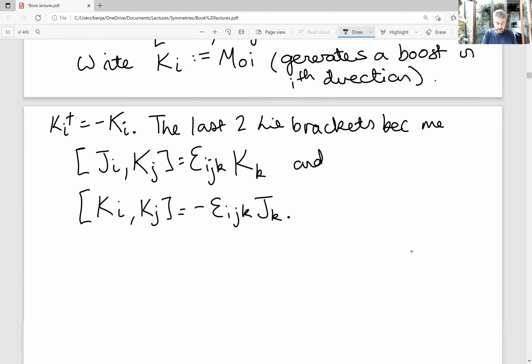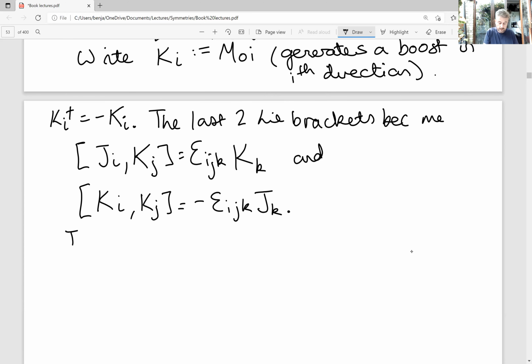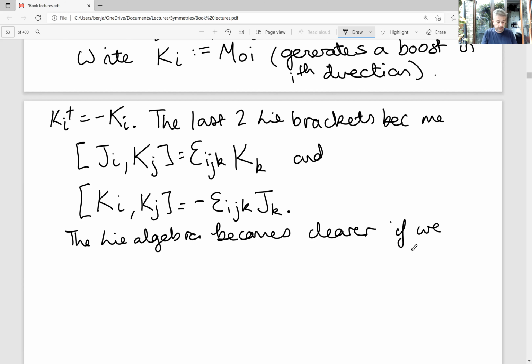and it makes a point that I want to make here. So the Lie algebra becomes clearer if we take a different basis.